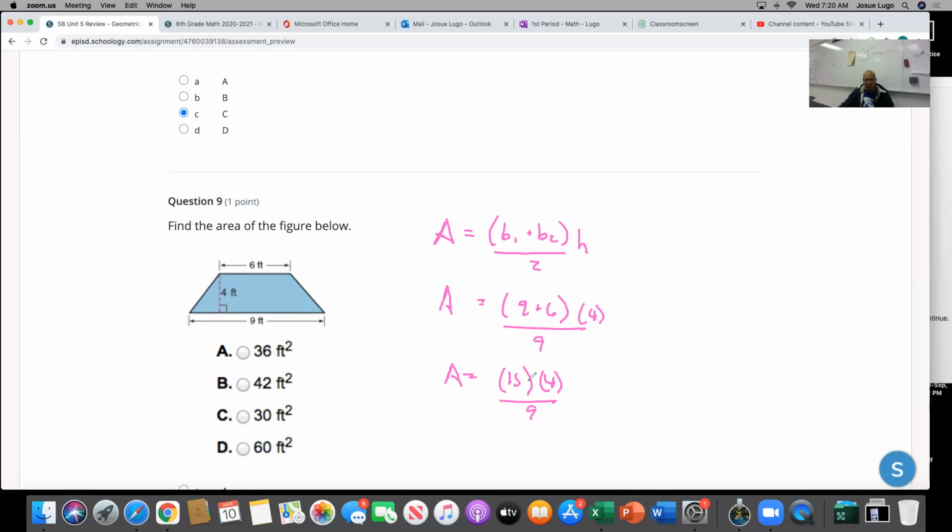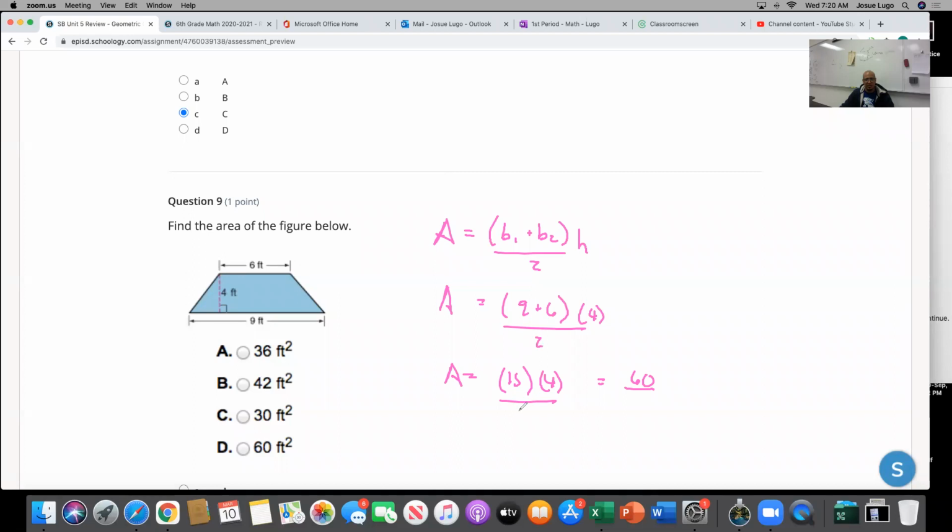So why don't we do this? 15 times 4 is equal to 60. And then 60 divided by, oops, I am totally getting this wrong. Some of you guys may have noticed that already. This should be divided by 2.